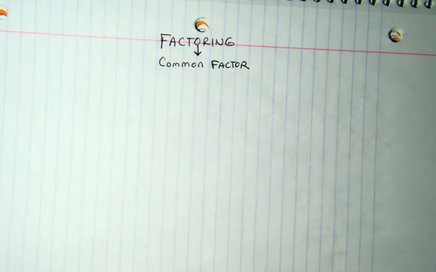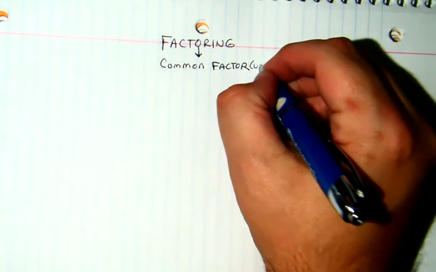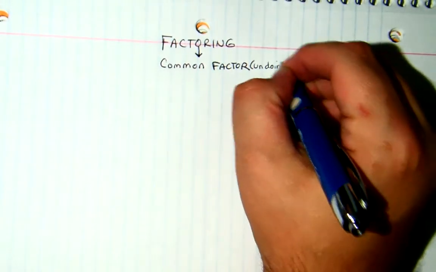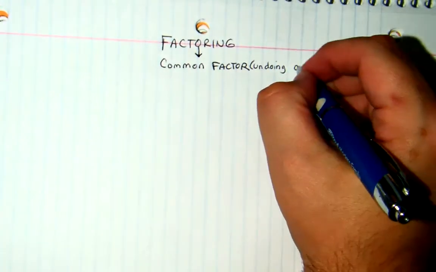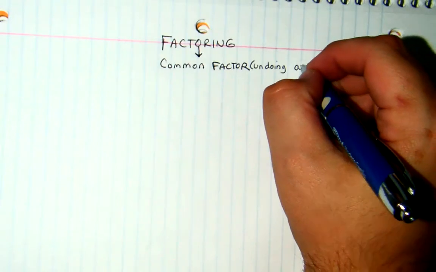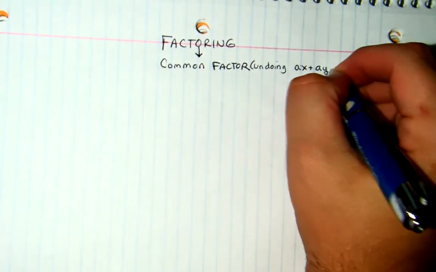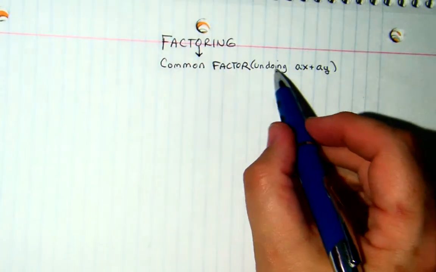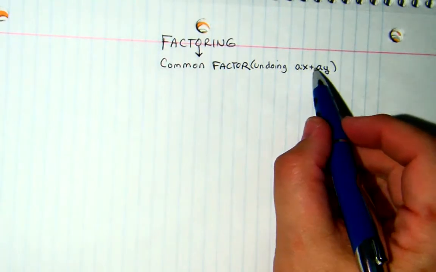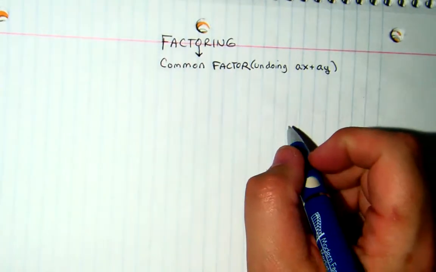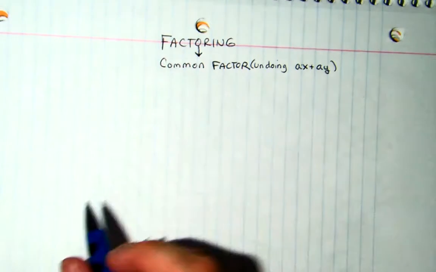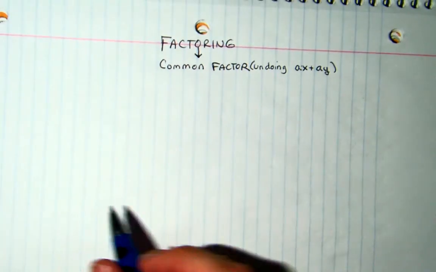You undo the distributive property. That's what this is. So that's the undoing of like AX plus AY. So we'd be able to factor it out if you can factor out a common factor.